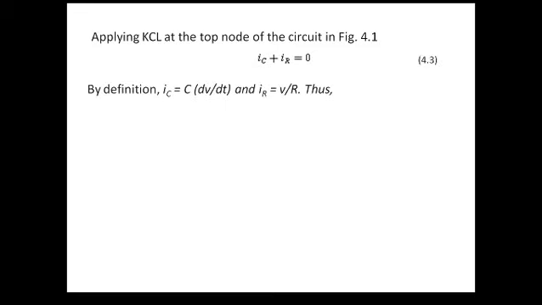By definition, from the basics, IC equals C dV by dt, because V is across the capacitor, and IR equals V by R. Substituting these values in equation 4.3, C dV by dt plus V by R equals 0. So dV by dt plus V by RC equals 0, written in the standard form.